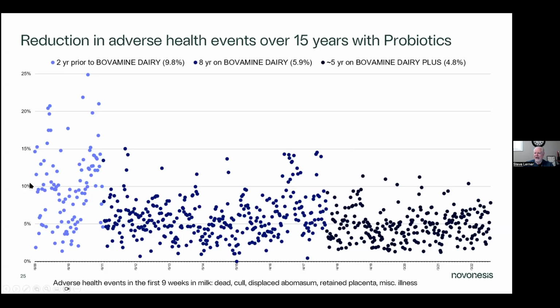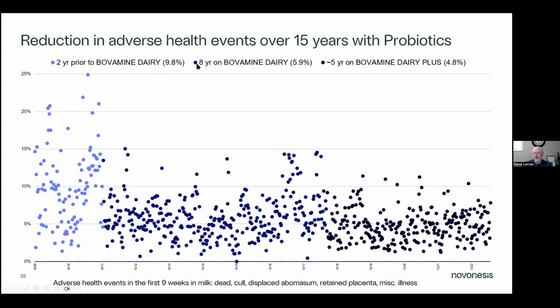The hundreds of dots you're looking at on this page represent the weekly results for animals in early lactation that had some health problem. 15 years ago, and for 2 years, they were being observed with no effective probiotic. During that time, they averaged about 9.8% adverse health events during the first 9 weeks of milk.